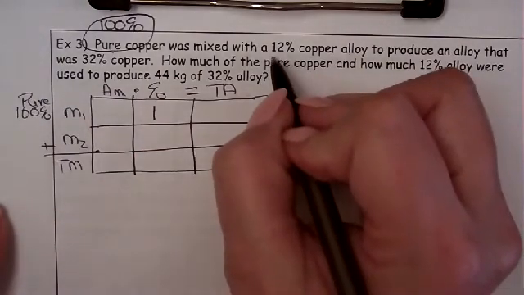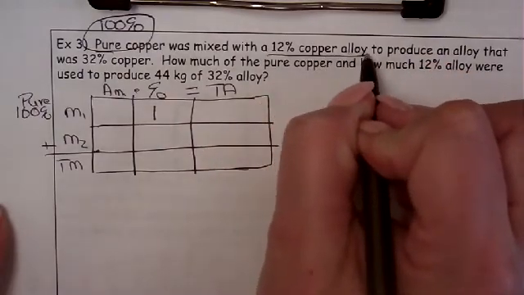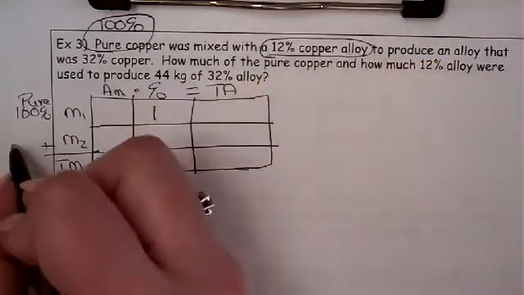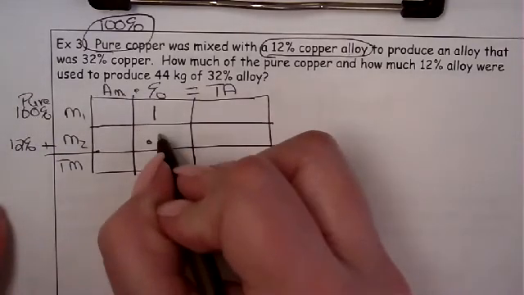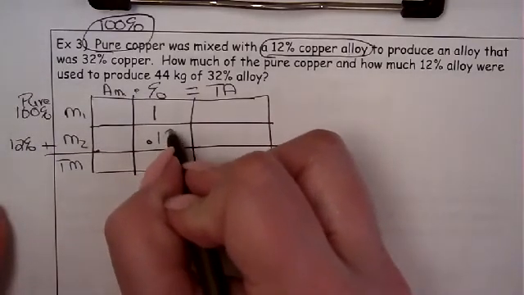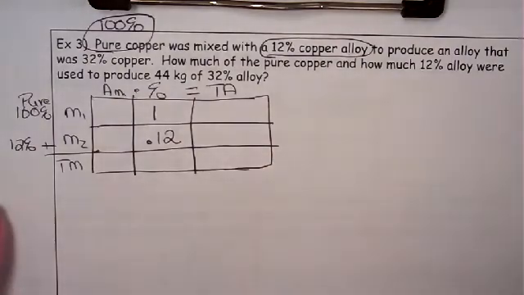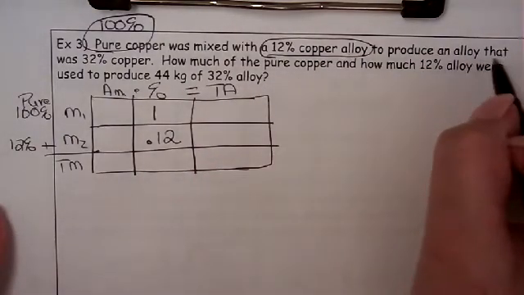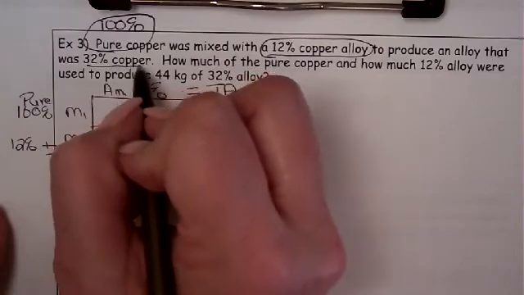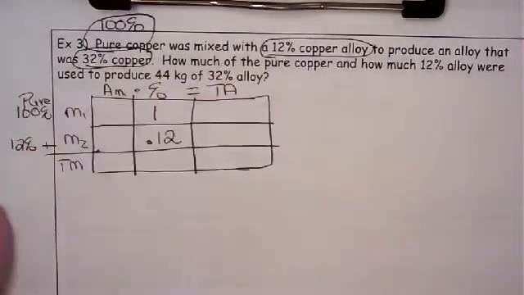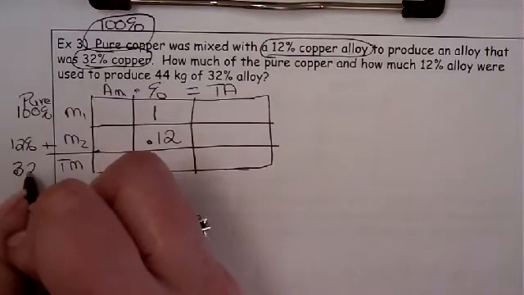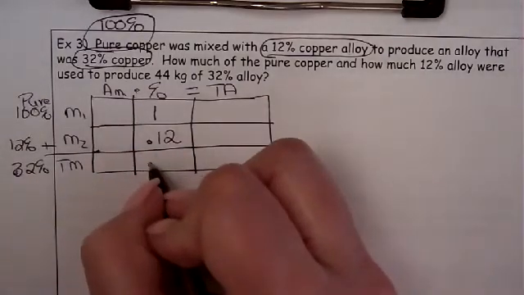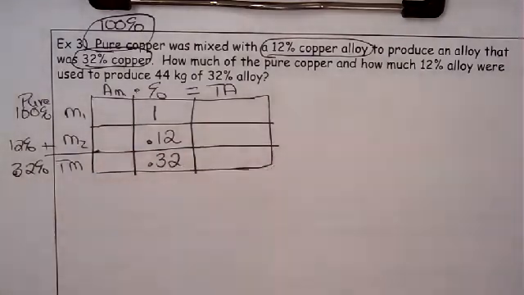Now we're going to mix that right here with the 12% copper. So here's our 12% mix. We know the decimal number for 12% is 0.12, okay? And we want to produce an alloy that is 32%. So our total mix is going to be 32% or 0.32.